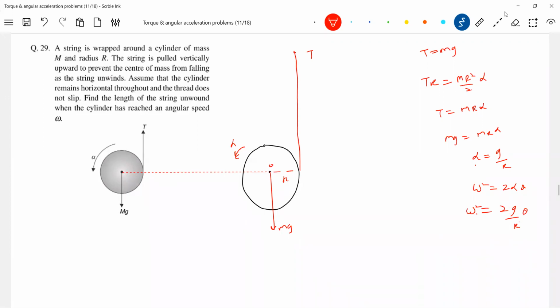Can we calculate how much length of the string got unwound? The cylinder will rotate through an angle theta. When it rotates through an angle theta, how much should get unwound? R theta. So theta is equal to omega square r by 2g.